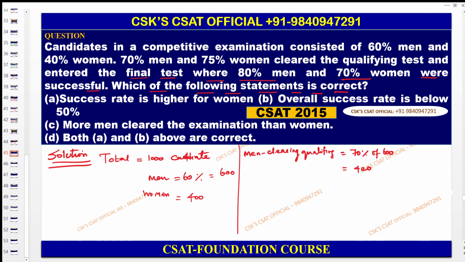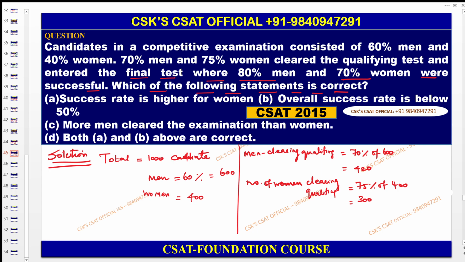Then let's take number of women clearing the qualifying test, which is equal to 75% of 400. So 75% of the 400 is equal to 300. Right, 75 into 4 times. So this is 300.